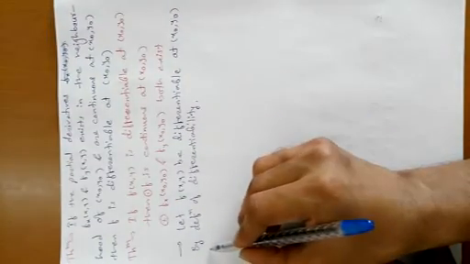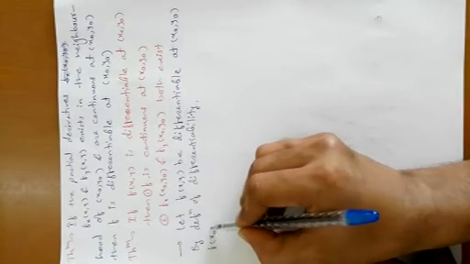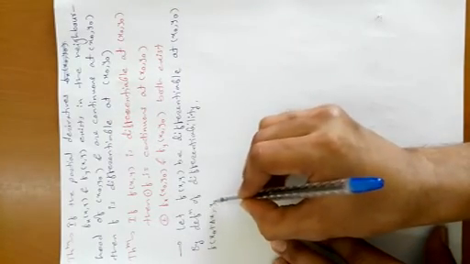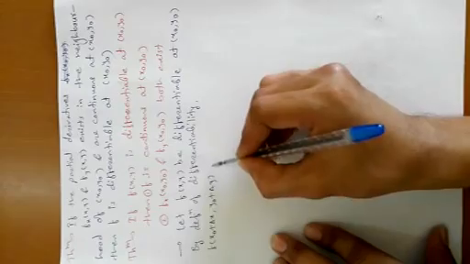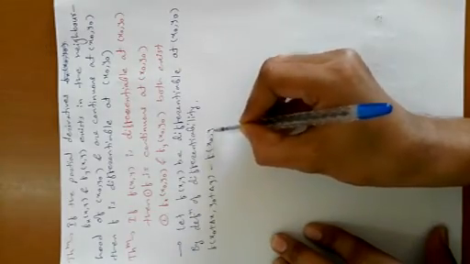we can write f of x0 plus delta x, y0 plus delta y minus f of x0, y0.